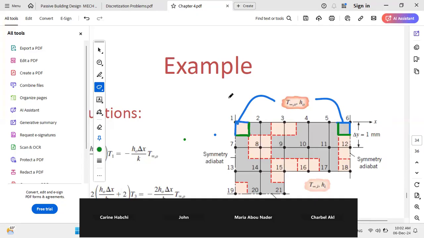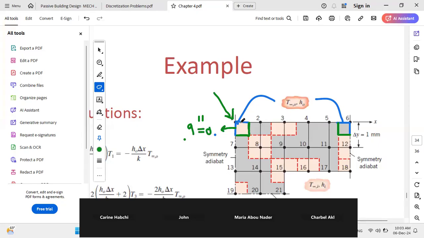So let us write the equation first for cell 1, and then from here we can deduce the equation for cell 6. So if I start with cell 1, I just need to apply the condition. I put my fluxes. As we said, we have an adiabatic condition here, so for the adiabatic condition, Q second is equal to 0.